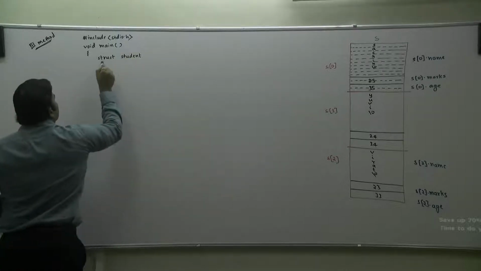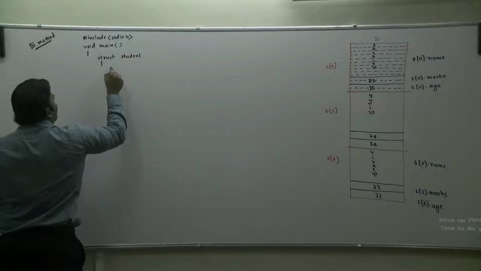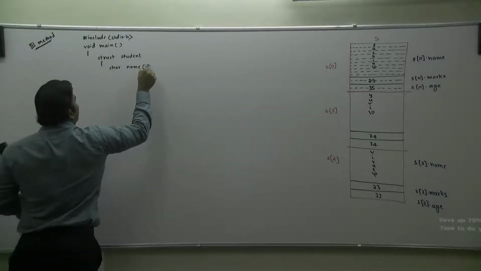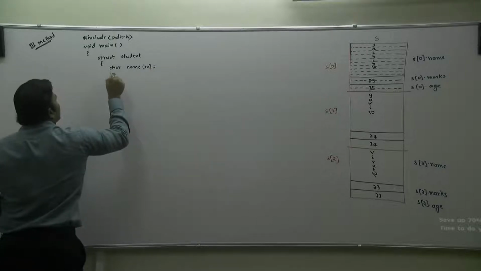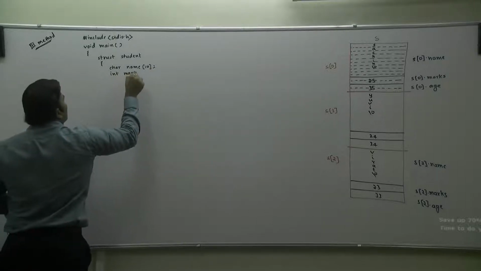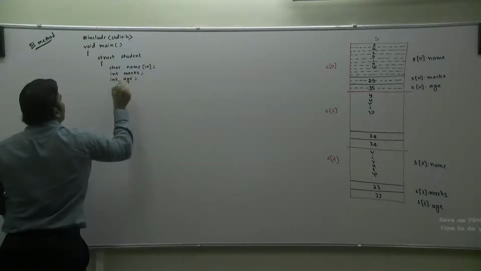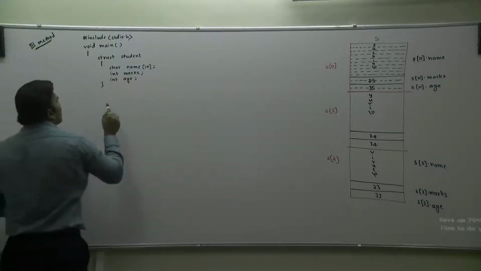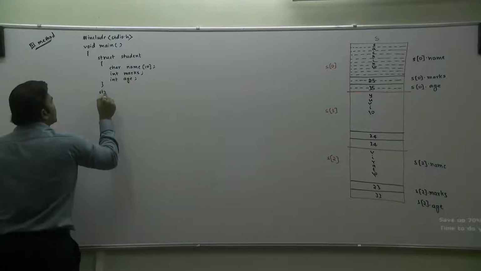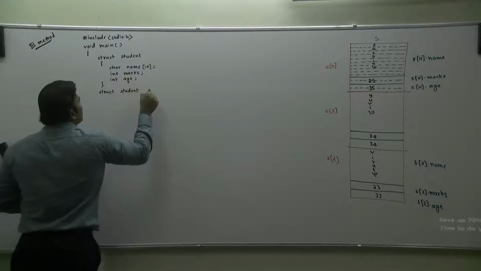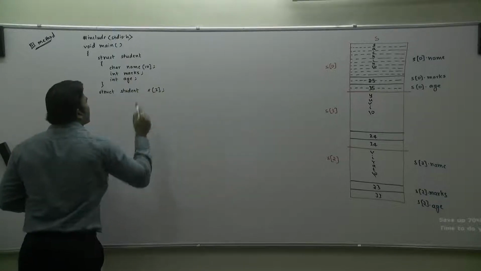In the student structure, as normal, I will create char name of 10, and then I will create int marks, and then int age, and then as normal I will create struct student type s of 3. Like this I would be creating.